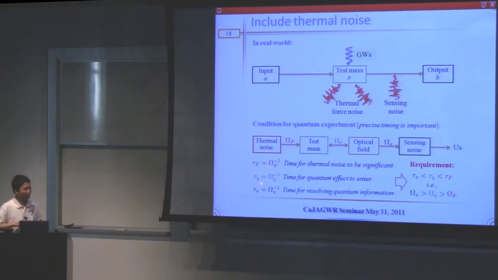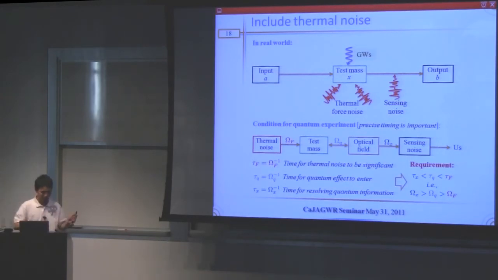And tau q, the inverse of the frequency omega q, is the time for the quantum effect to enter. And tau x, because of the sensing noise, is the minimum time for you to resolve the quantum information.